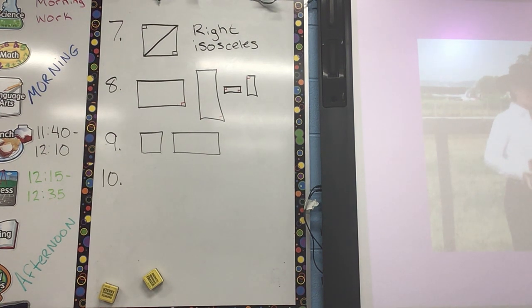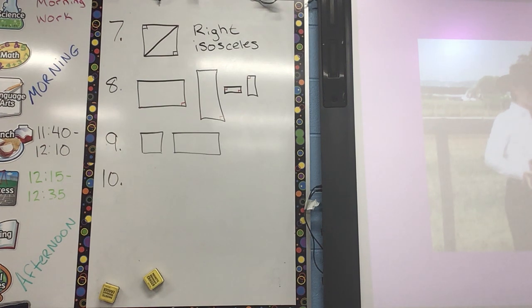Tell me, in what quadrilateral are opposite sides parallel and opposite sides equal? I'll say it one more time. In what quadrilateral are opposite sides parallel and opposite sides equal?